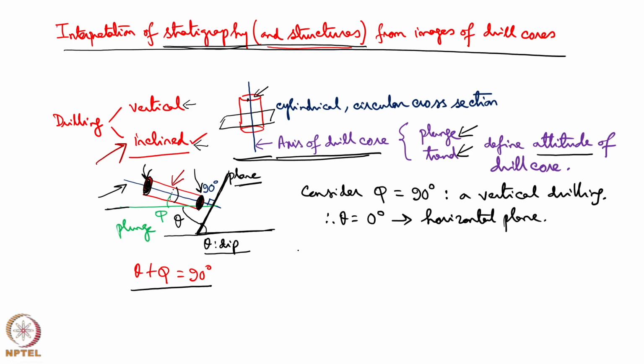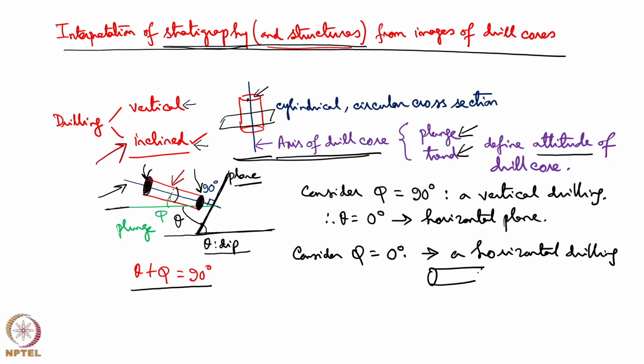Now, take another case, phi is equal to 0 degree, which means a horizontal drilling. Such as this case. And if there is a circular cross section made by a plane, so that theta plus phi equal to 90 degree is true, that will mean theta equal to 90 degree, which means that the plane has to be a vertical plane.